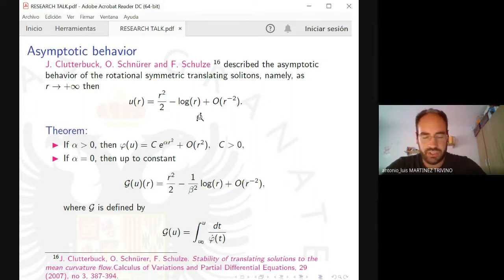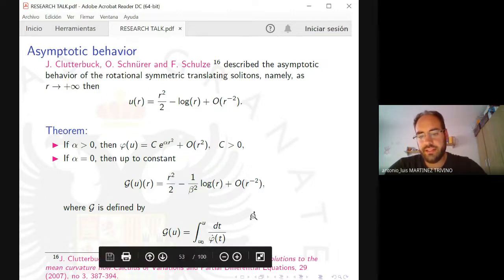If alpha is positive, then this function phi has the following smooth function. Because phi is strictly monotone, we can recover an asymptotic behavior for the function u. On the other hand, if alpha is equal to 0, then up to a constant, this function is given by this expression.